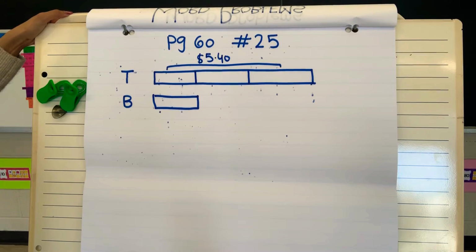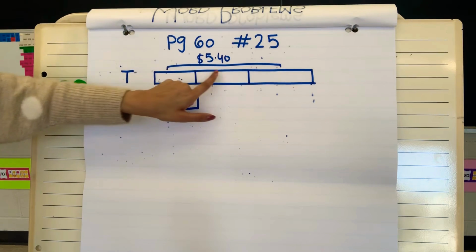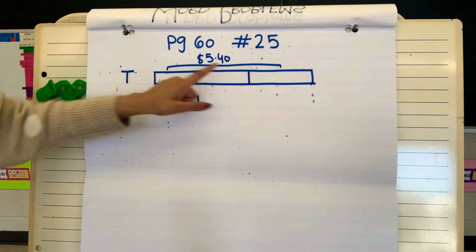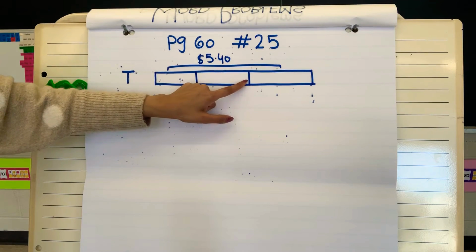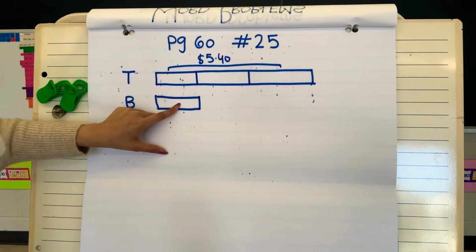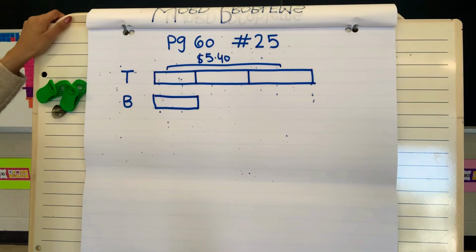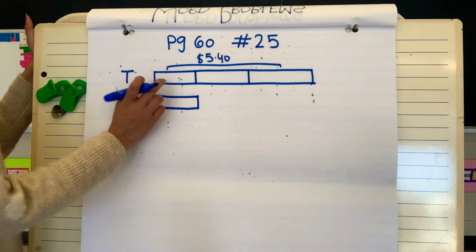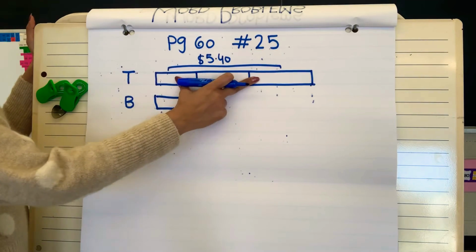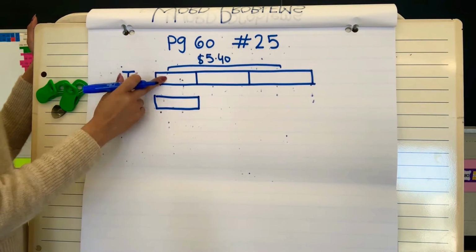We are given equal units, so we can draw 1 unit, 2 units, 3 units. We can draw 3 units for Taylor and 1 unit for Bonita. Does that make sense? Because it says she has 3 times as much money as Bonita. So 3 times, 1, 2, 3. Therefore, we know there are 3 units for Taylor.